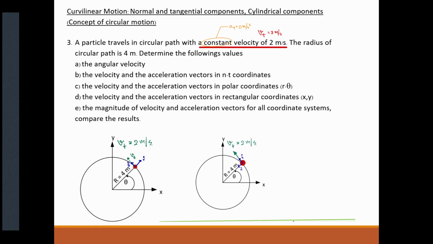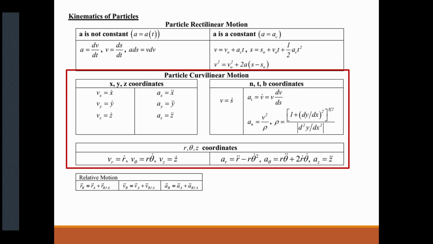For this problem, we will use this formula. It covers curvilinear motion in x, y, z coordinates, and normal, tangential, and binormal coordinates. If the motion is three-dimensional, it also has the binormal. But for this problem, we focus only on the plane, so it has only tangential and normal directions.